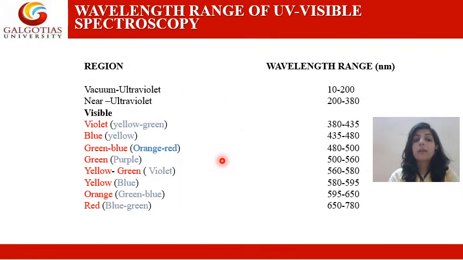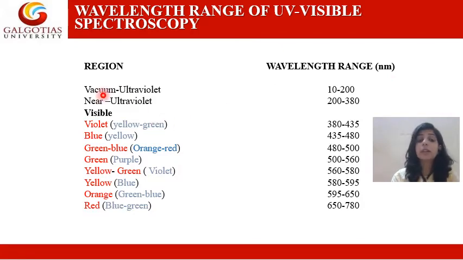Next, we will discuss the wavelength ranges of UV-visible spectroscopy. Here is a broad, detailed description. First we have the regions, and second the wavelength ranges in nanometers.